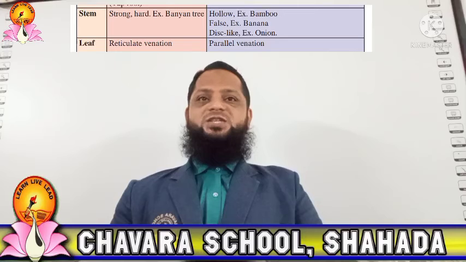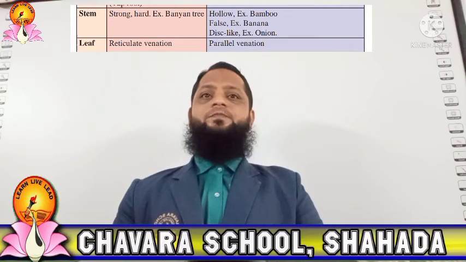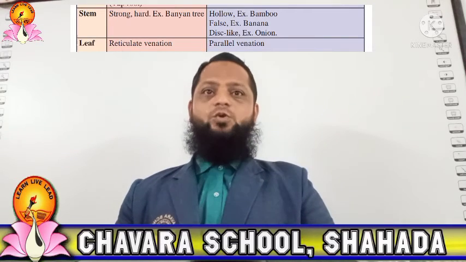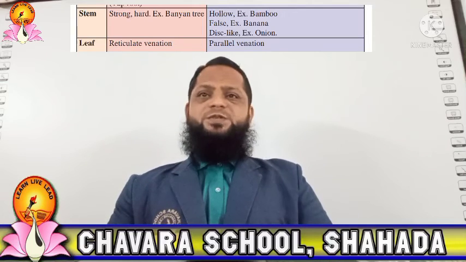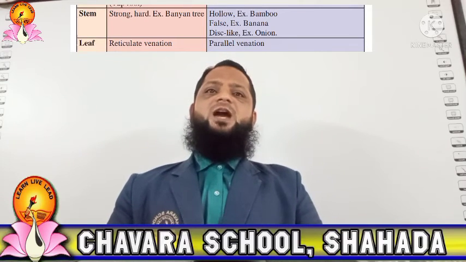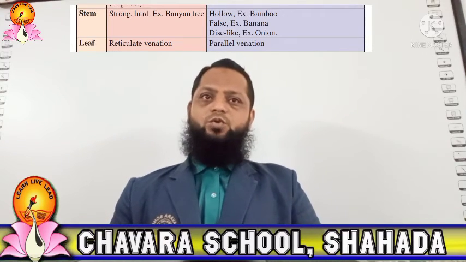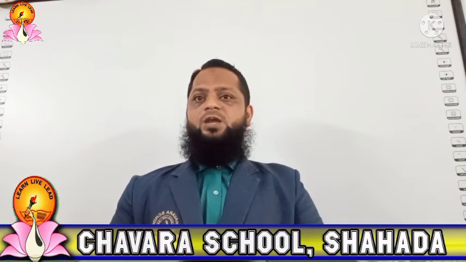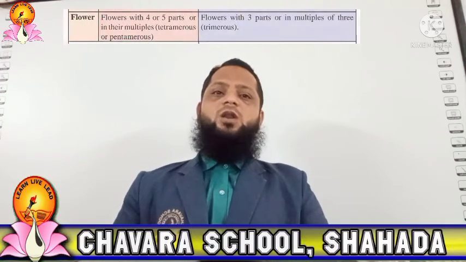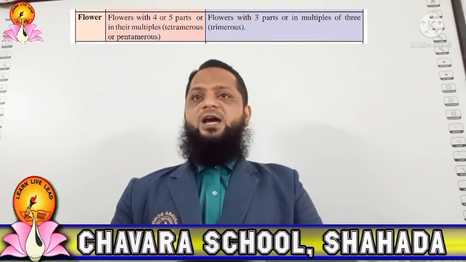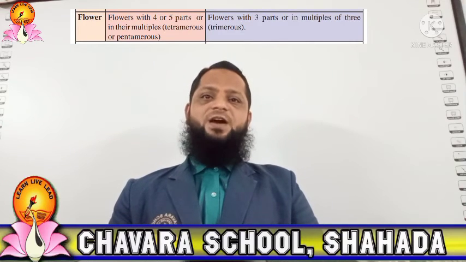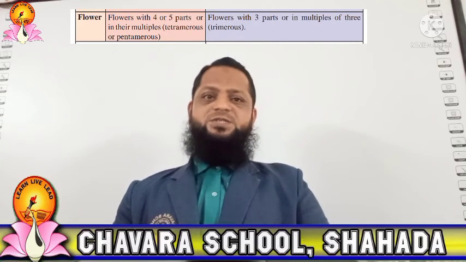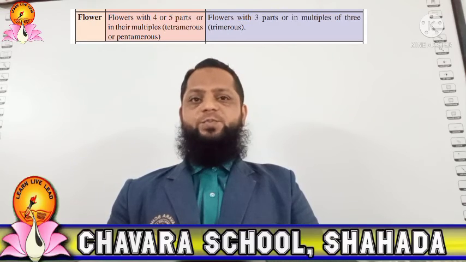A false stem is present like banana, and a disc-like stem is present like onion. Reticulate venation is present in the dicotyledonous plant, and parallel venation is present in the monocotyledonous plant. Tetramerous or pentamerous flowers are present in the dicotyledonous plant, and trimerous flowers are present in monocotyledonous plants.